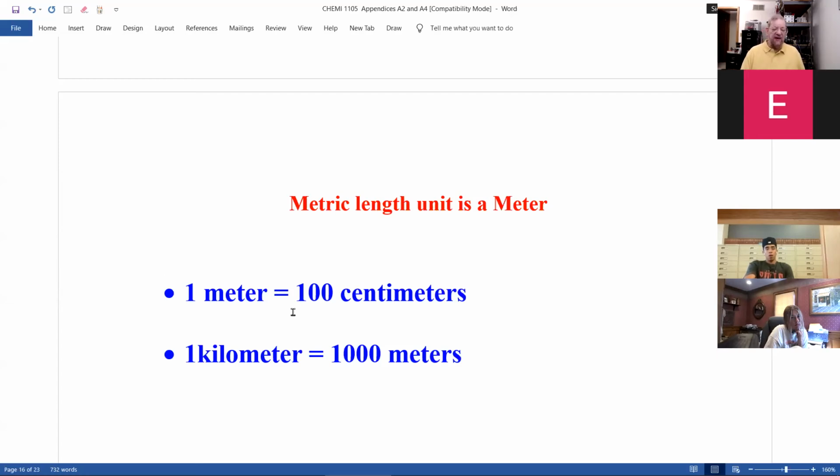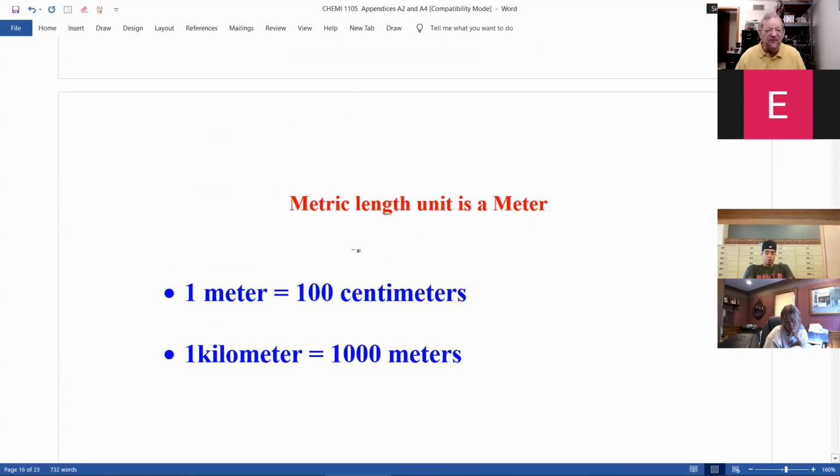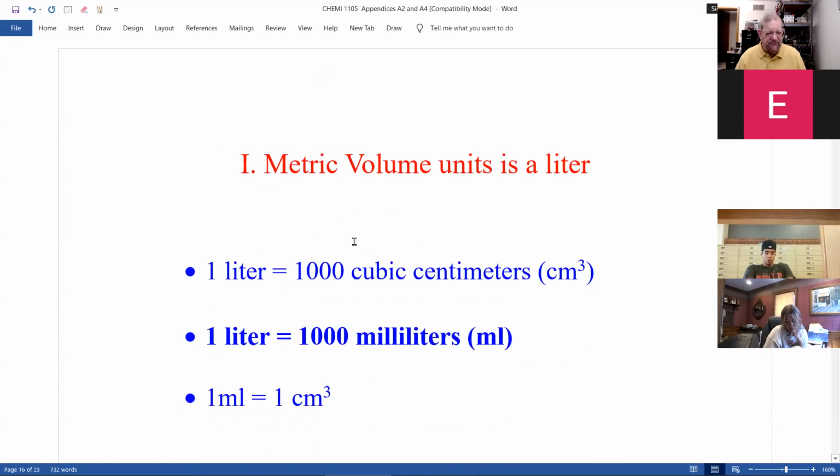If you look at your speedometer, most of our cars have kilometers too, because if we go into Canada, they don't have miles per hour, they have kilometers per hour for their speed limit. If you haven't been to Canada or especially Niagara Falls, you're missing a lot. Get there. But anyways, that's length in the metric system.